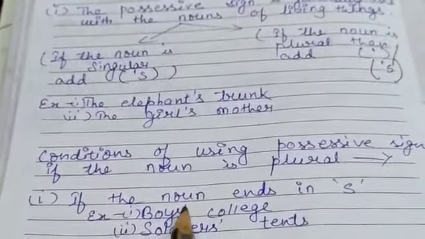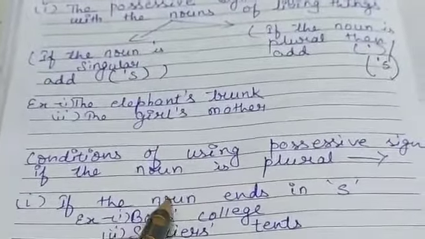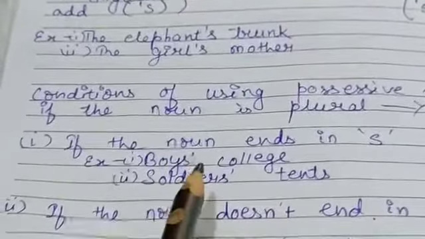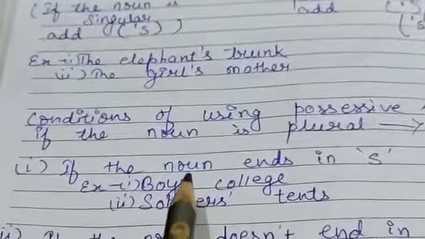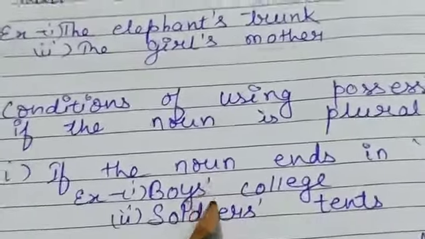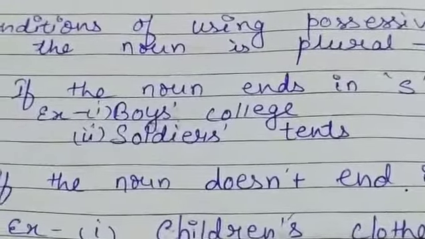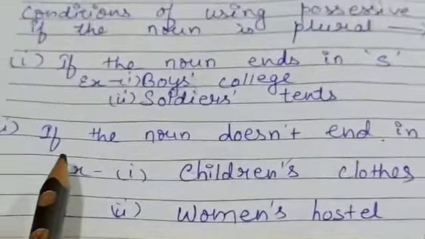We will not use apostrophe S. You can use apostrophe S, but remember the sound. If I say boys's college, too much of a hissing sound is there, which is not good. So to avoid too much hissing sound, we use only apostrophe. Boys' college, soldiers' tents.